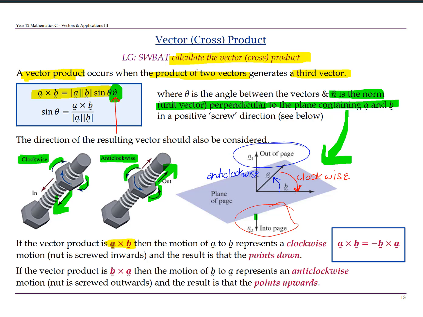If the vector product is A cross B, then I'm going from A to B, and if it's representing a clockwise motion, then the result is going to point down. If I've got B cross A, then the motion of B to A represents anti-clockwise, and it's going to point upward. So what that means essentially, when our positive and negative is just in terms of direction, is that A cross B is going to equal negative B cross A, because it's in the opposite direction.